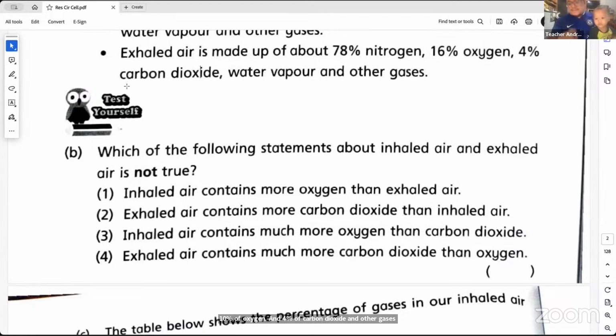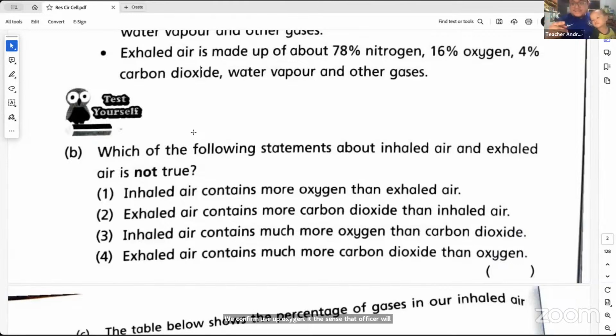So you see, this is a very tricky question. Examiners like to trick you, because in a normal setting people will think that when we inhale, we breathe in the air and use up oxygen, so the oxygen will decrease.